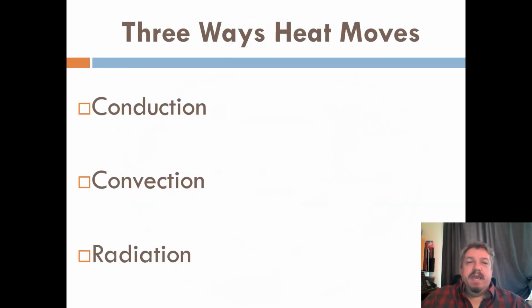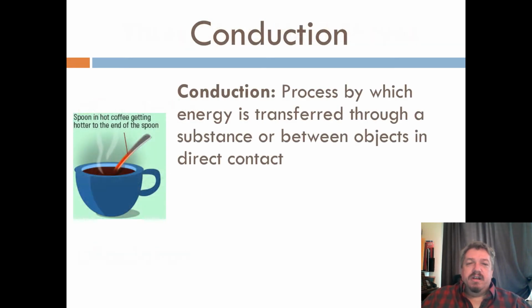So heat moves between items, different materials, in three ways. Conduction is when two things come into contact. You put a metal spoon in hot coffee and the spoon turns hot. Direct contact. You touch a burning stove. Hot contact.